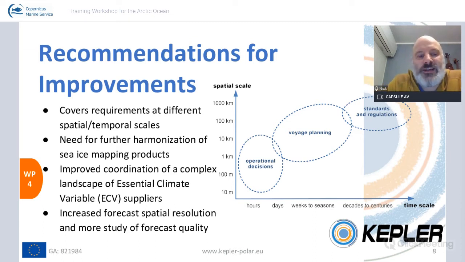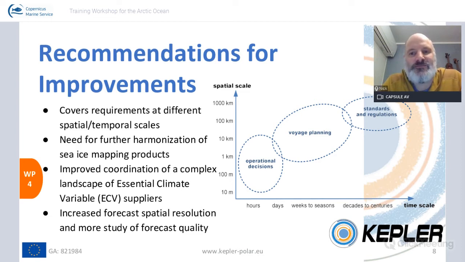In that, we saw there's a need for firmer harmonization of sea ice mapping products. At the moment, there's a very complex landscape of climate product suppliers who are all providing either different parameters or many variations on the same parameter, particularly things like sea ice concentration.